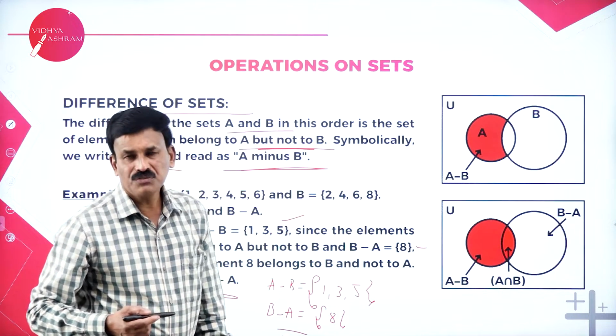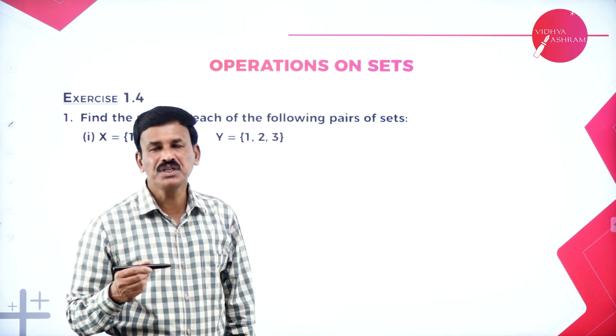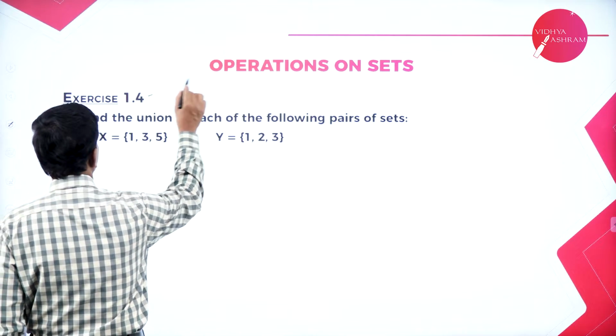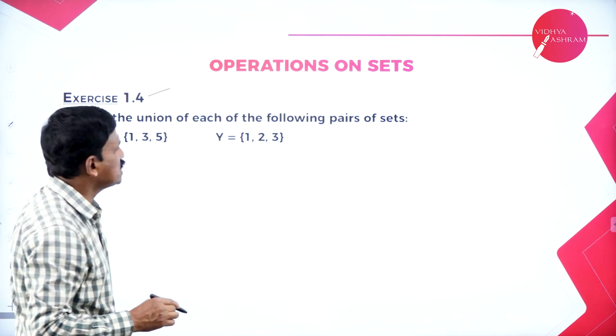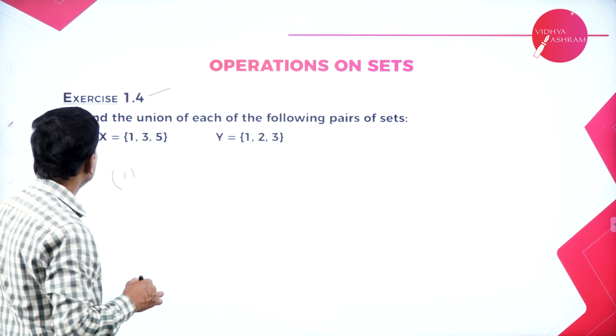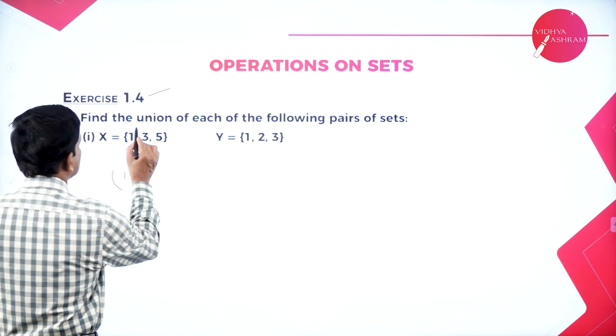Now let us come to a few examples based on union, intersection and difference of sets. The first exercise, 1.4: find the union of sets A and B for the following pairs of sets. If X is equal to {1, 3, 5} and Y is equal to {1, 2, 3}, we need to find the union.